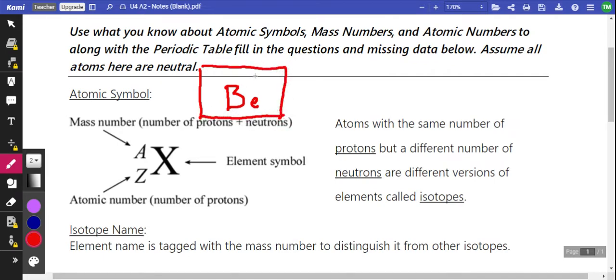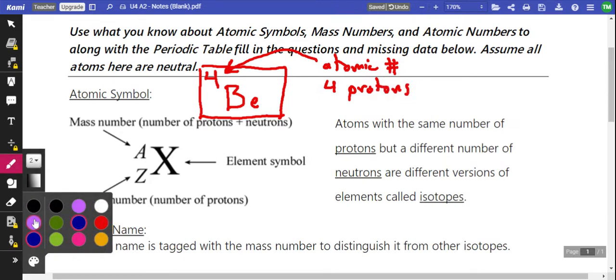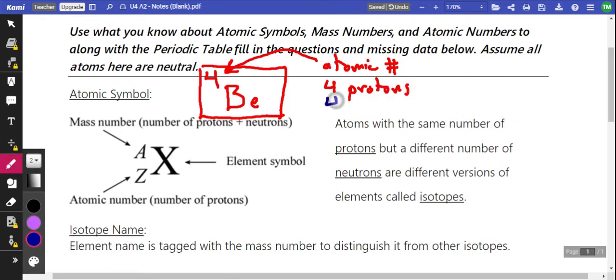Okay, and up in the top left, we have a big number 4, which is our atomic number. Which tells us we have 4 protons. And to match it, we've got 4 electrons total in the atom.